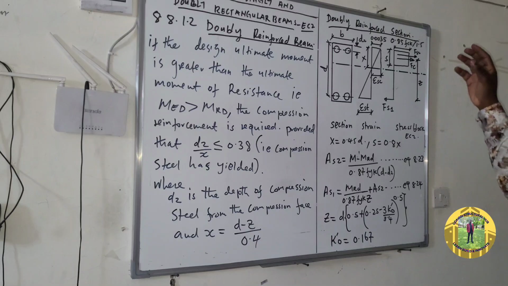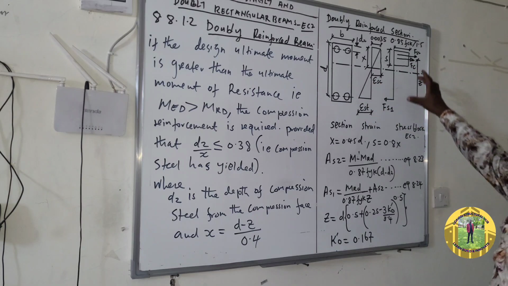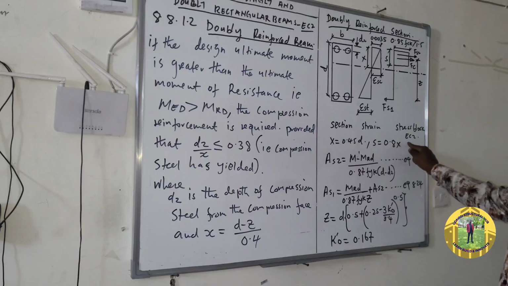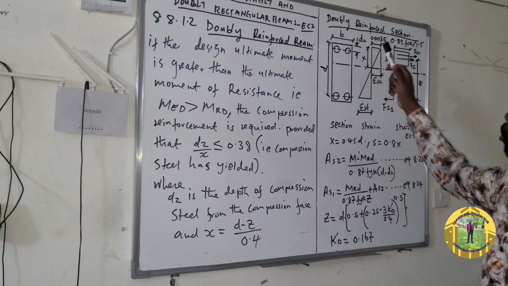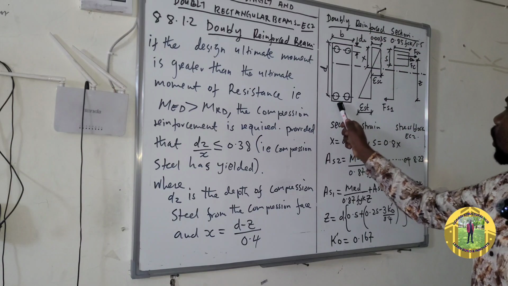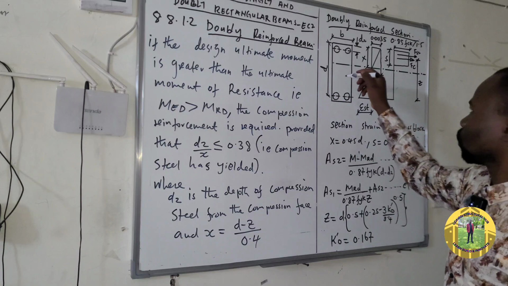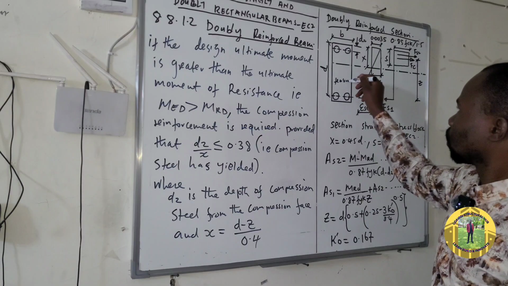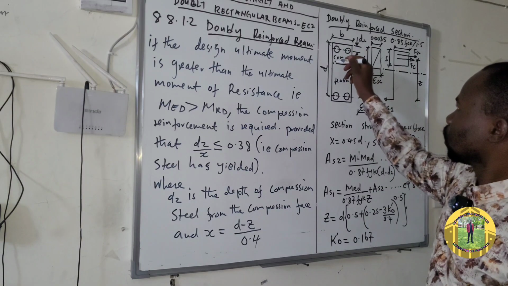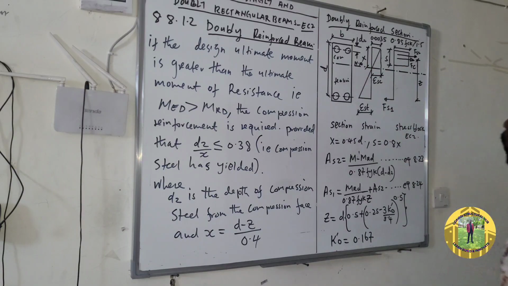So this is the doubly reinforced section. This is a diagram for strain, and this is a diagram for the stress block used in Eurocode 2. This distance from here to here is b. From the top of the compression side to the center of the tension reinforcement is what we call d. Remember, this is the tension zone and this is the compression zone, divided by the neutral axis.